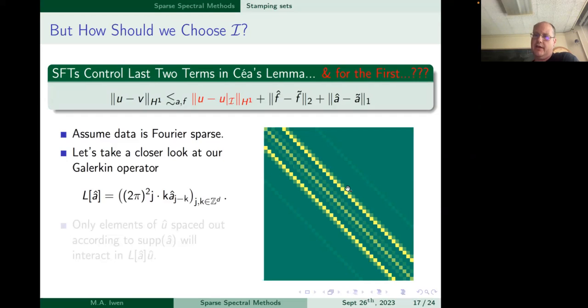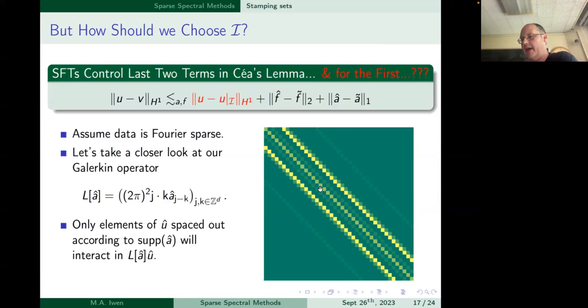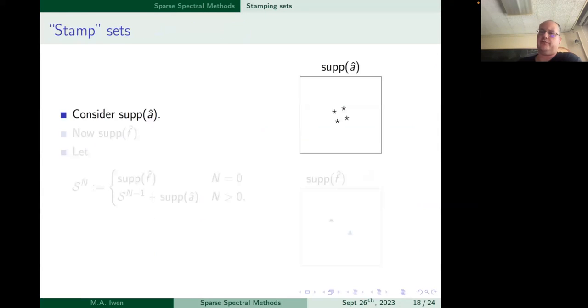So the only elements of the Fourier coefficients of U that we don't know that are going to be interacting with our solution are going to be spaced out according to the banded structure in this matrix, which is dictated by the support of A hat, right? So if you think about this for a second, the following sort of stamping set method for determining a good truncation set for your frequencies might be what you come up with next.